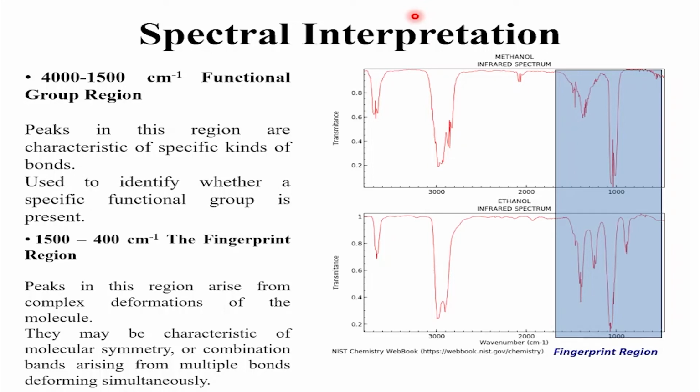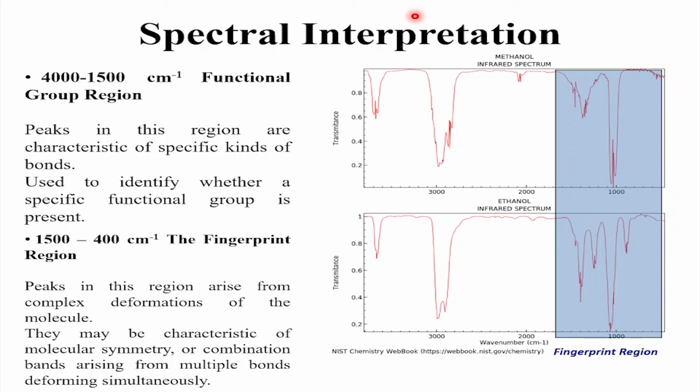So if you consider ethanol and methanol, both are having the same functional groups. So in this 4000 to 1500 region, you will be seeing similar or the same absorption peaks. Now, the fingerprint region will have a different set of spectrum, which is because there is an extra carbon hydrogen bond in the entire structure.